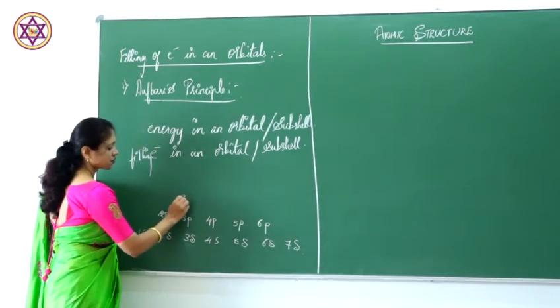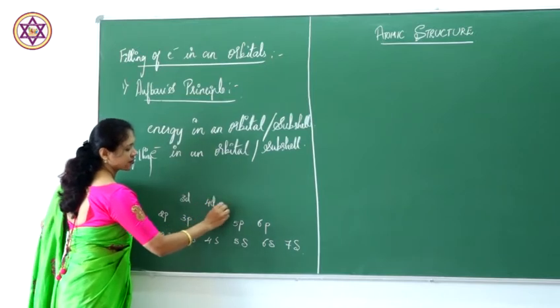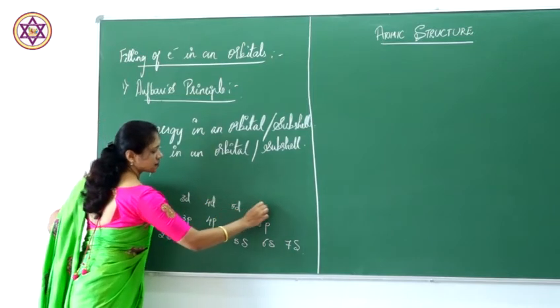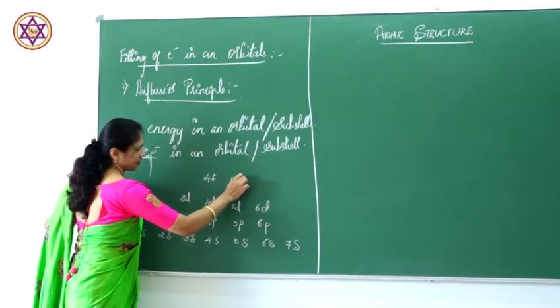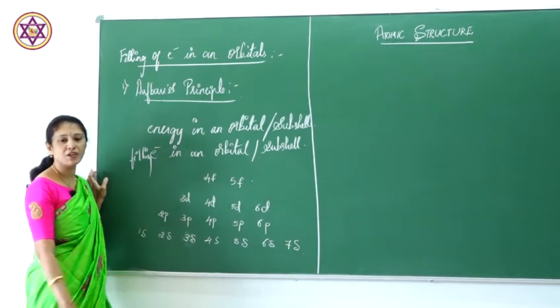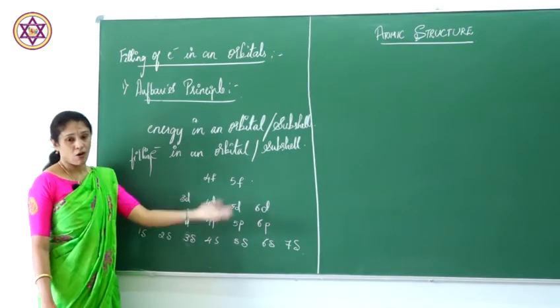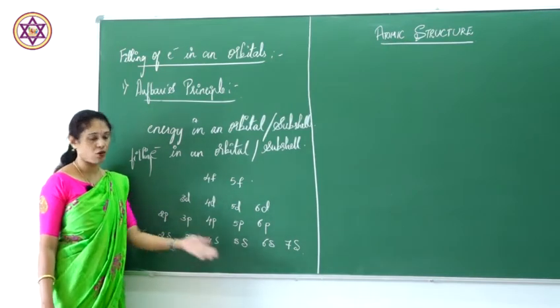Next comes 3d, 4d, 5d and 6d. Next is 4f and 5f. Now coming to the filling of electrons in the orbitals.